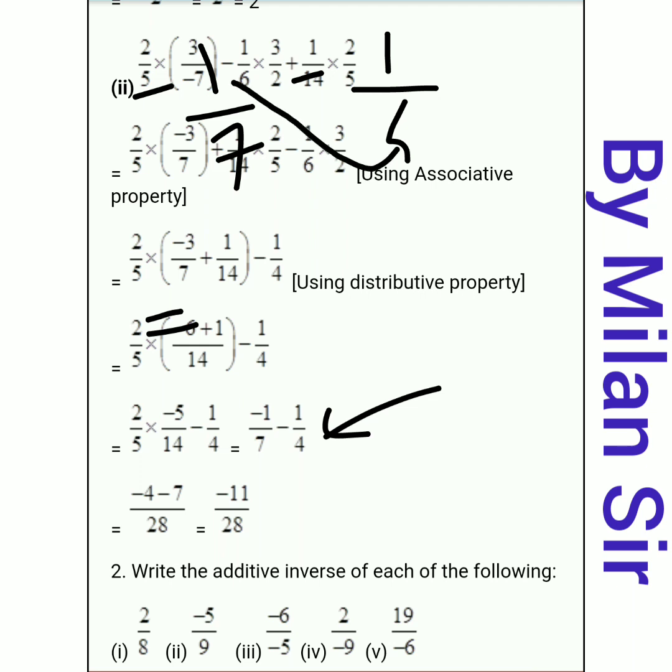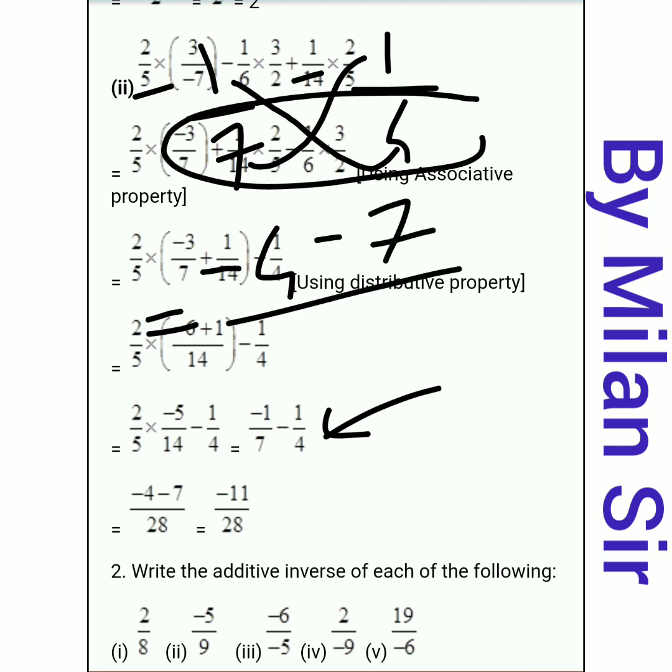Transfer this 4 with the 1. So 4 ones are 4, and before that the minus sign is there, so minus 4. Then cross multiplication again, 7 ones are 7, right? And in the denominator, we need to multiply the denominators. That means 7 fours are 28, right? So this is the LCM process.